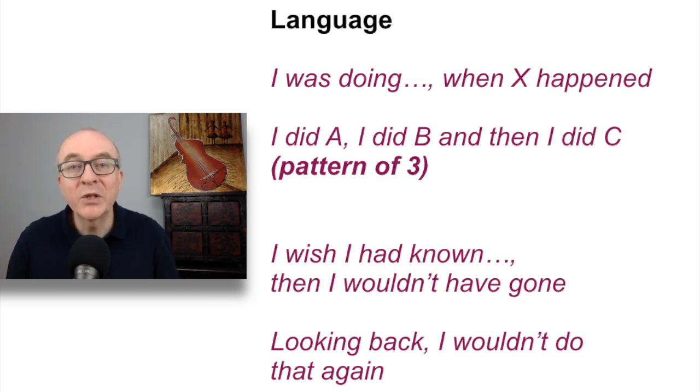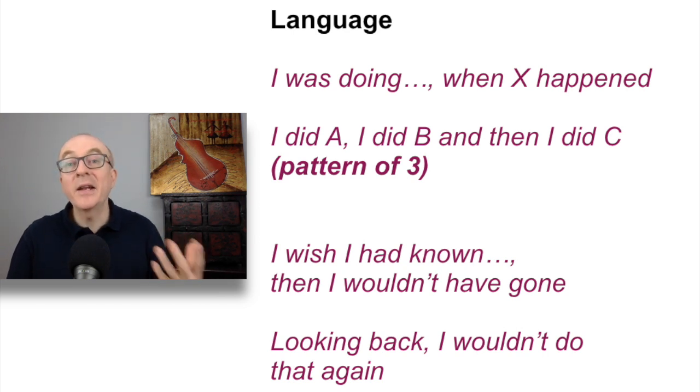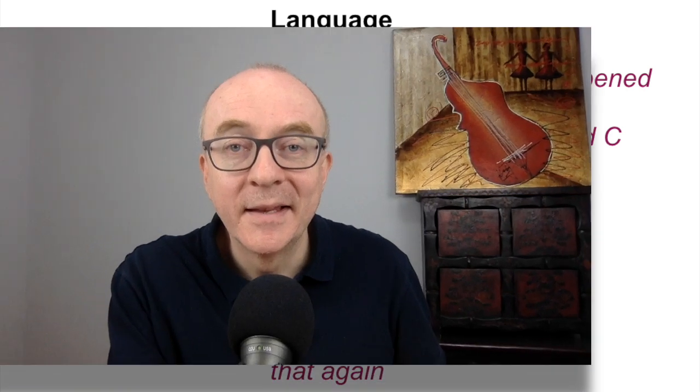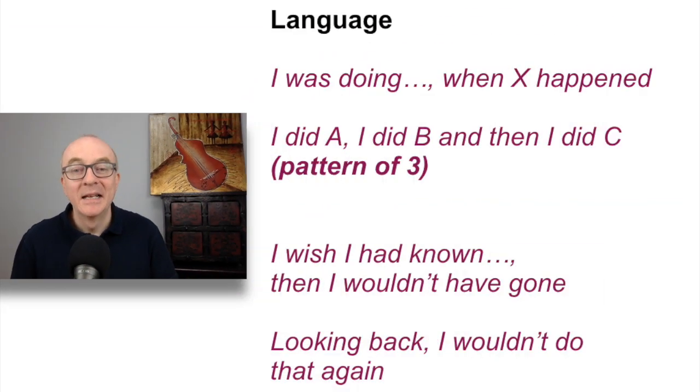So I wish I had gone, I wish I had known, and then I wouldn't have gone. I wish I had known the restaurant was so filthy and I wouldn't have gone. I wish I had known the concert was going to be rubbish and I wouldn't have gone. So you can use this. It's a really nice tense and it can impress the examiner.